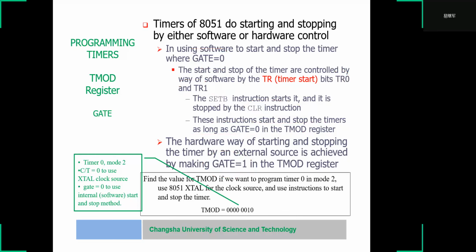From here, we can see when the GATE is equal to 0, the timer counter is controlled by software. When the GATE is equal to 1, the timer counter is controlled by the external input.